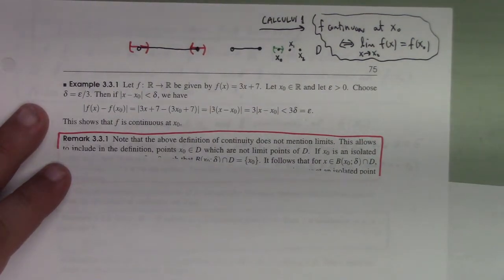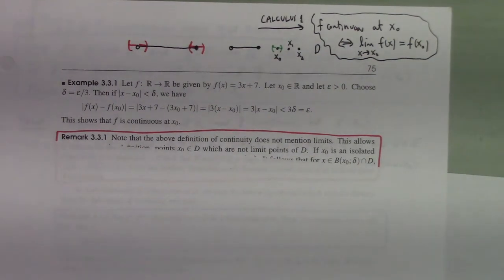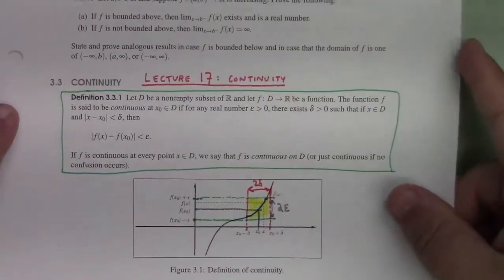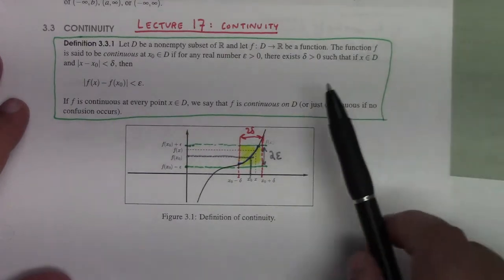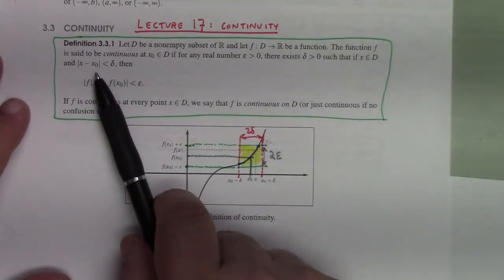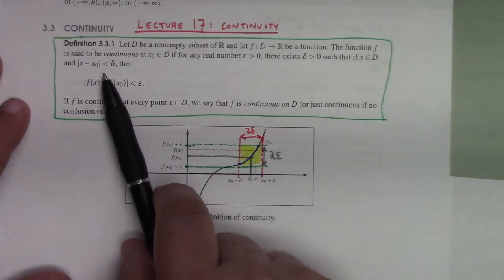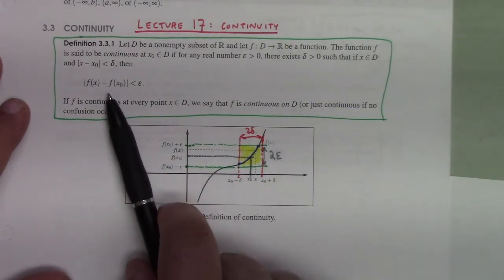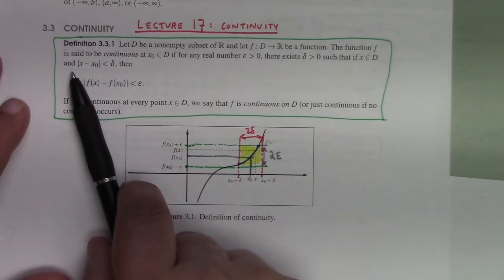So what do we do? Well, using this epsilon-delta definition of continuity, if x naught is a limit point, then notice that this implies that the limit exists, because if it's true for this, it's also true if you throw out 0.